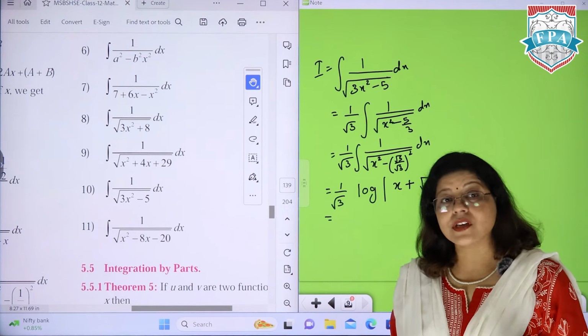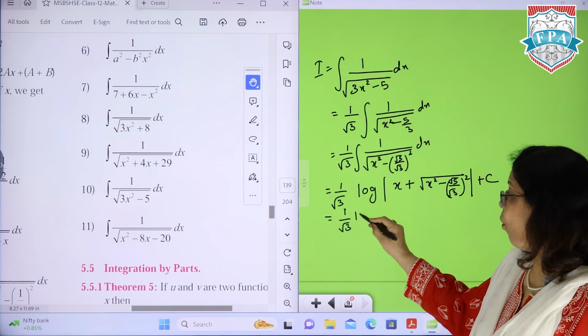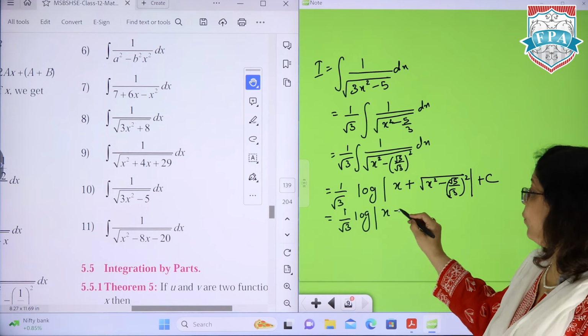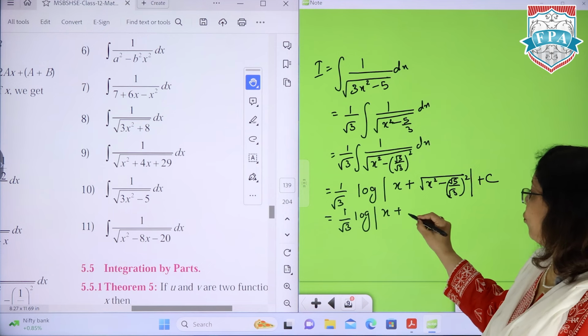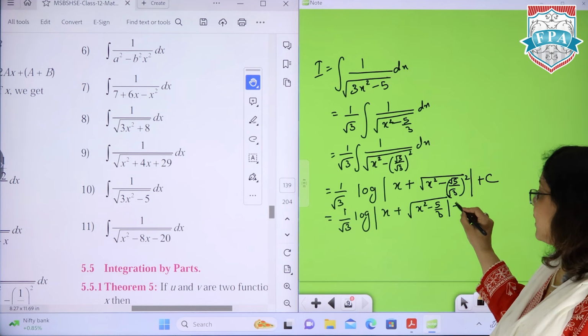We can simplify this question a little more. This is 1/√3 over here log, this part we'll now solve. So this is going to be under root x square minus 5/3 plus c.